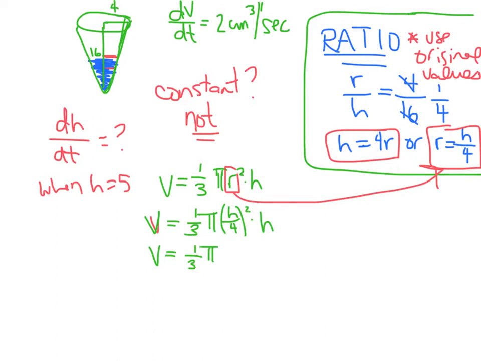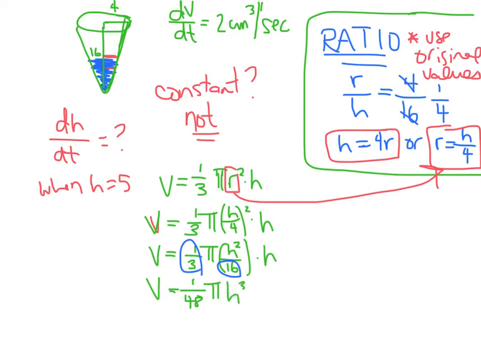When you square a fraction, of course, we square the top, h squared, and the bottom, 16, and then times h. Okay, at this point I'm going to go ahead and recognize that I have 1/3 and I have 1/16 that I can multiply. So volume is equal to 1/48 pi, and then I have h squared times h, which is h to the third.